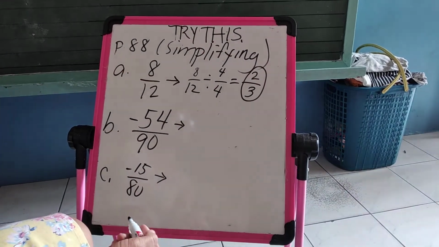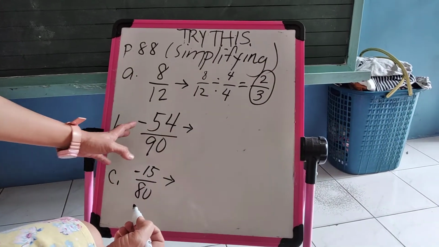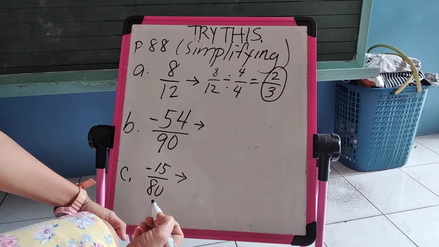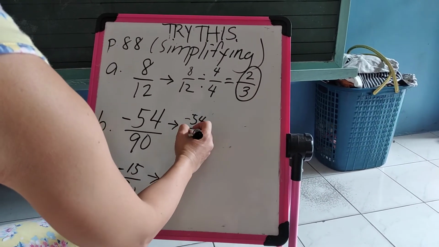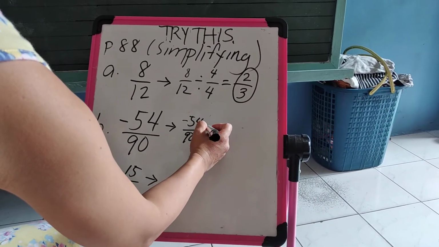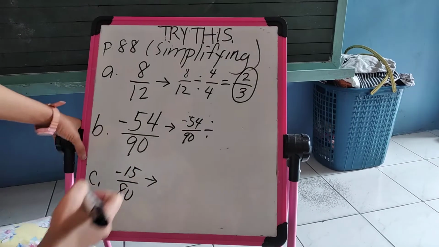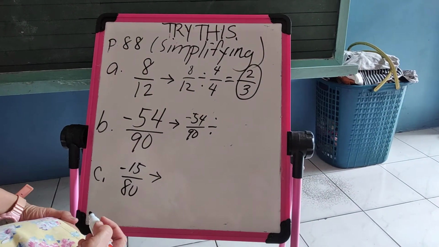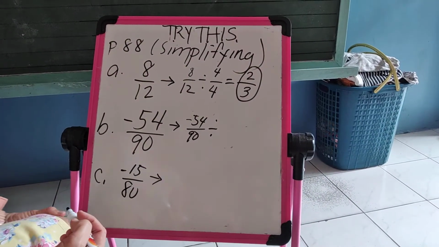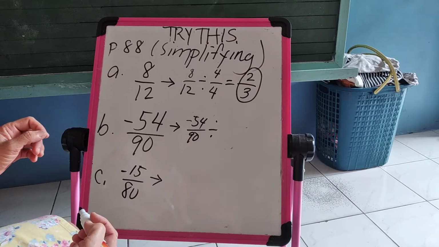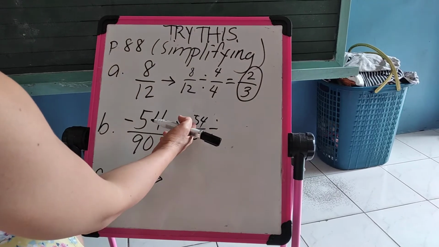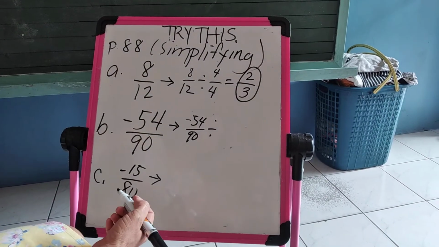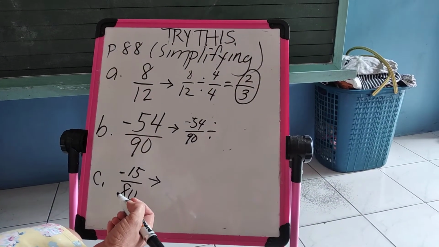Next, letter B. Negative 54 over 90. So I will copy. So what number can divide 54 and 90? Okay, remember 54 is divisible by 9, right?